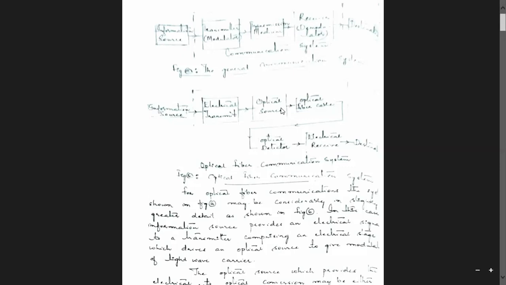We can use any of the optical devices as the optical source here. Either we can use an LED, or we can use a laser. LED stands for light emitting diode, and laser stands for light amplification by stimulated emission of radiation.